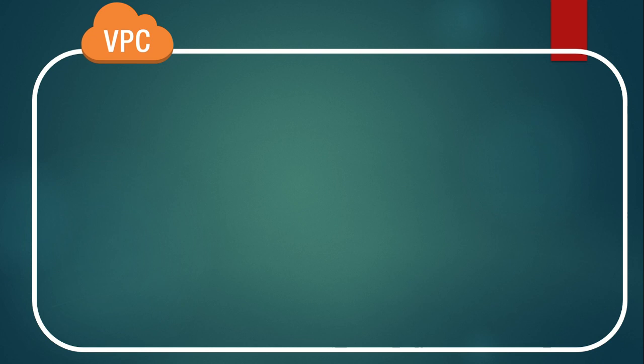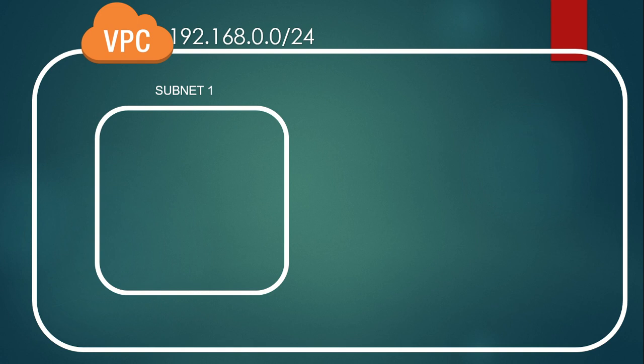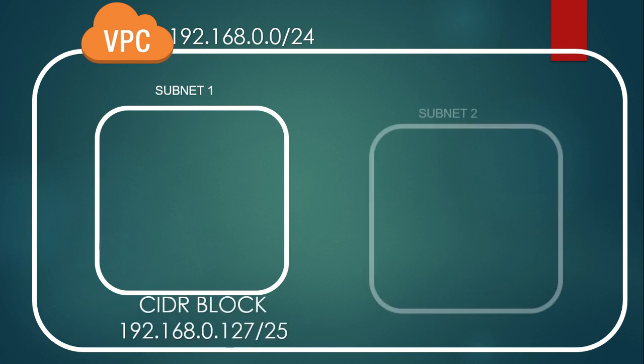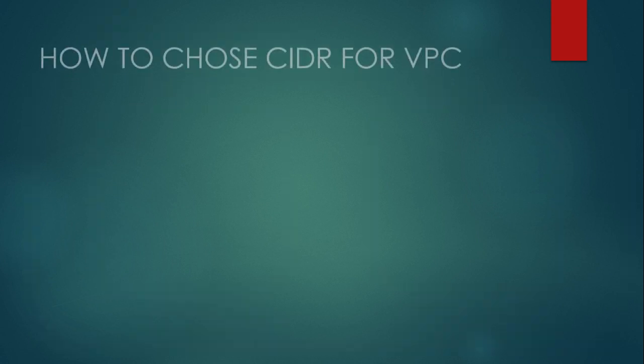Now I'm going to explain the VPC for 192.168.0.0. This is the CIDR block, which we already calculated. For subnets, I am going to take two subnets here. Let me explain how to choose the CIDR block for this VPC as well as the subnets.